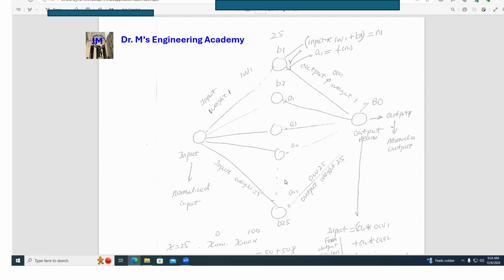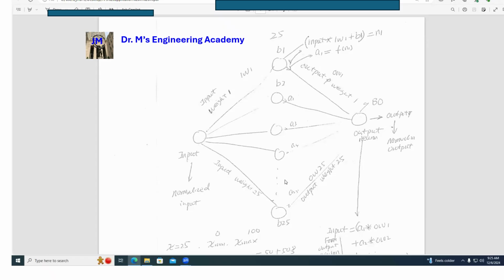Without loss of generality, for any neuron here, suppose I have an input, and then I have a weight and a bias value. I use this equation: input value multiplied by the connection weight value, then plus B1, the bias value.